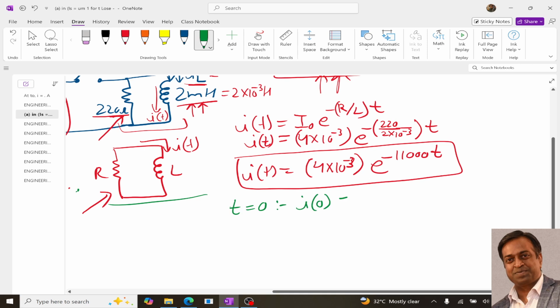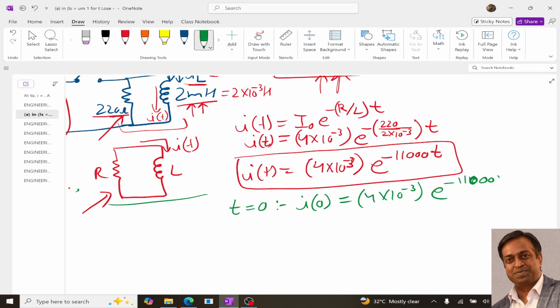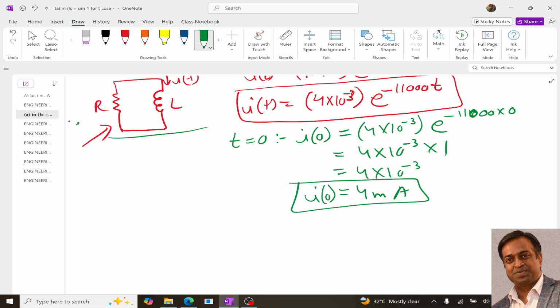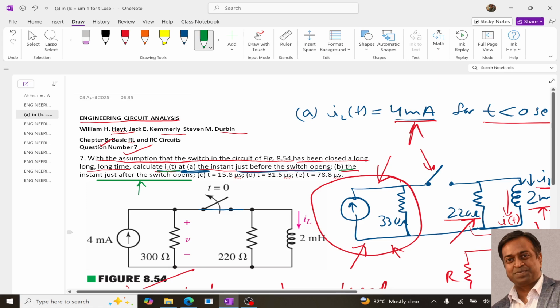I will get I0 equals 4 into 10 power minus 3 e power minus this, which is simply 4 milliamperes. So the current at 0 seconds, or just after the switch opens, is 4 milliampere. So the answer to the B part is IL(t) equals 4 milliampere.